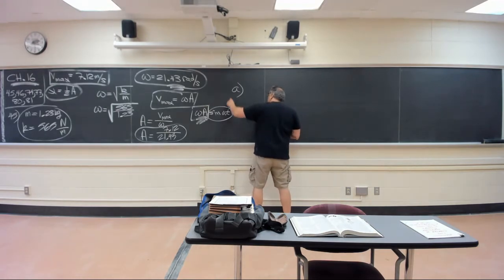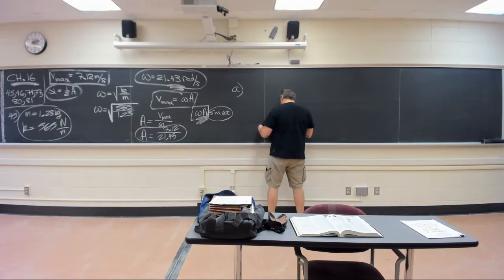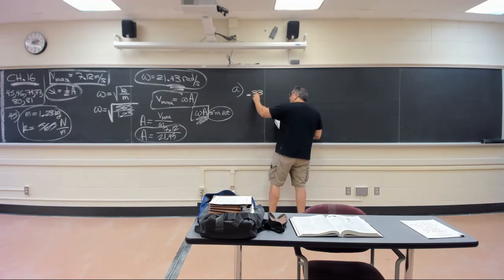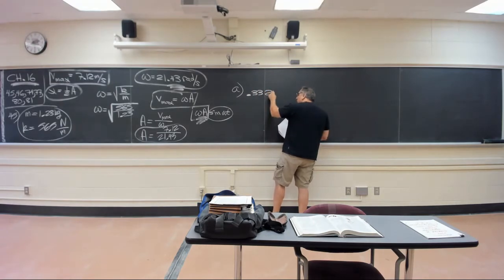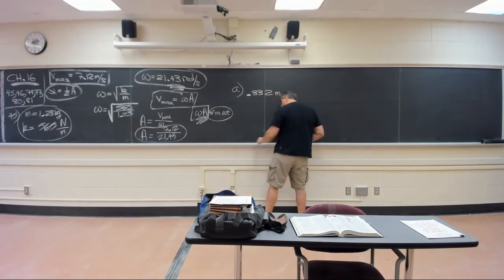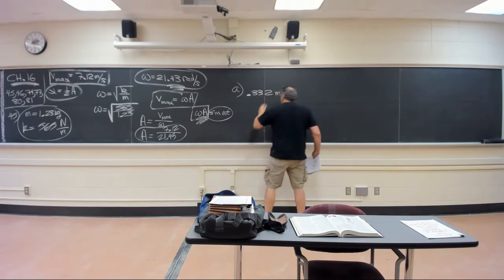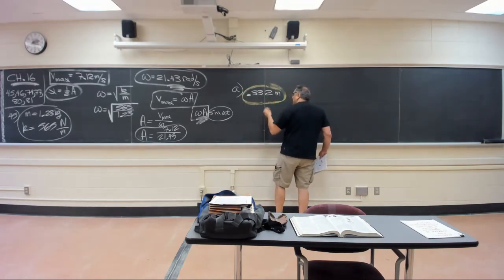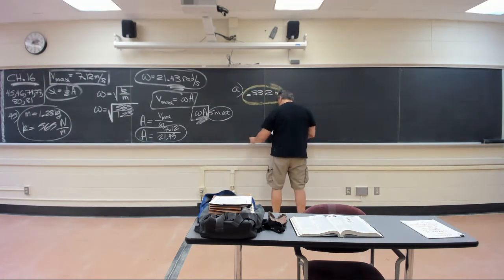So for part A, it's going to be 0.332 meters. 0.332 meters is what the amplitude is going to be. And it would have been nice if I'd have written that. Equals the amplitude.